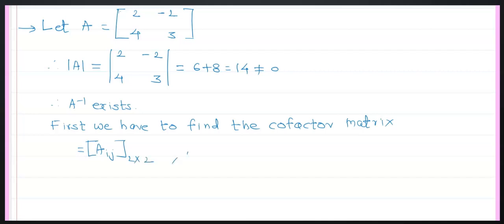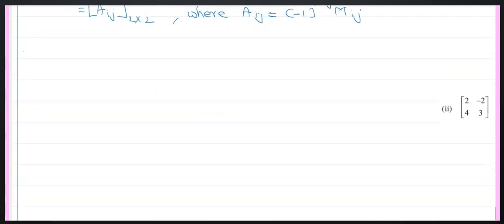Aij 2 by 2, where Aij is equal to minus 1 raised to i plus j. The first is 2.